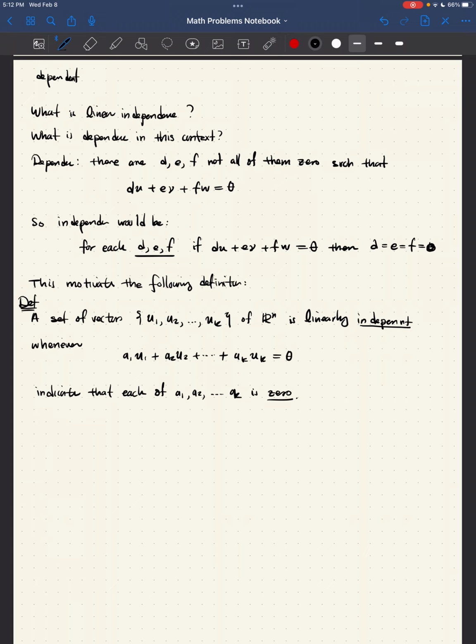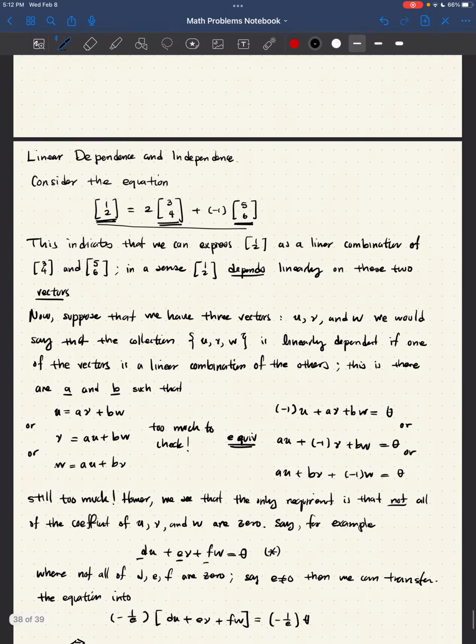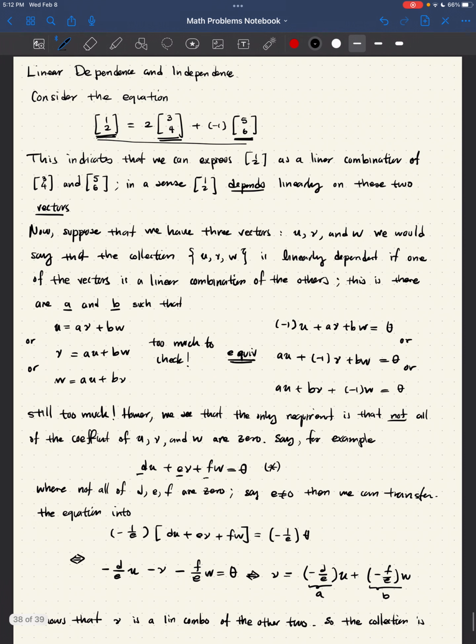Boom. With this we finish. We started from an example, right? That was the one that we had right here, right? This equation that motivated the notion of linear dependence.